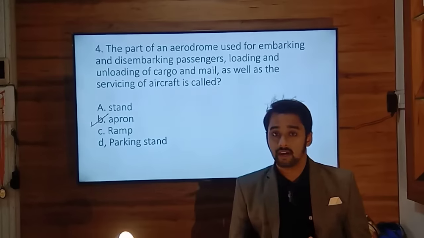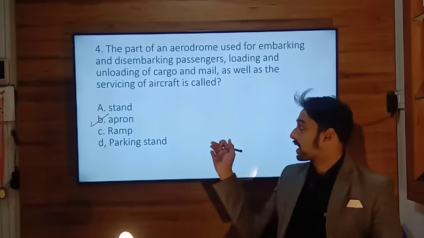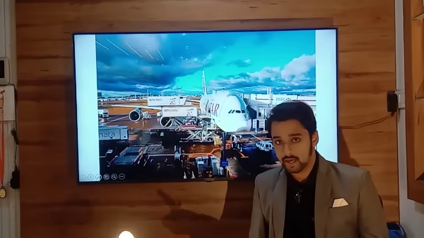But some big aircraft are close to the terminal building, like in the case of this aircraft. There are bridges directly connected to the fuselage of the aircraft, connected to the doors, and through this bridge the passengers will directly walk from the terminal building inside the aeroplane.